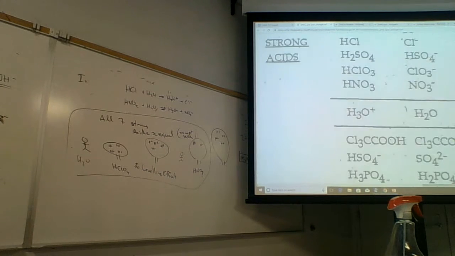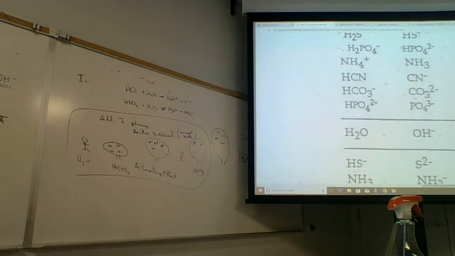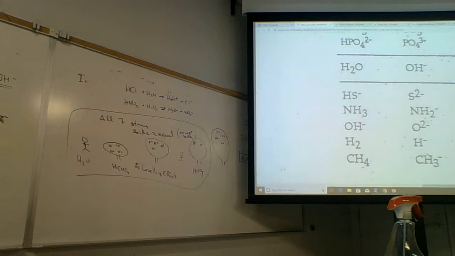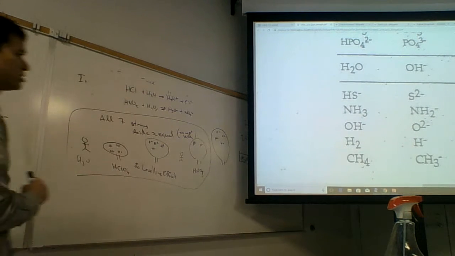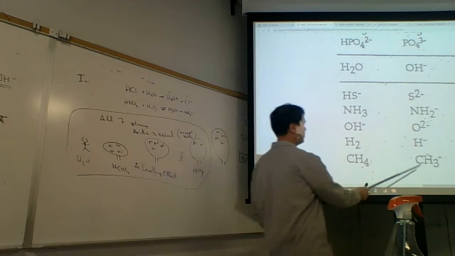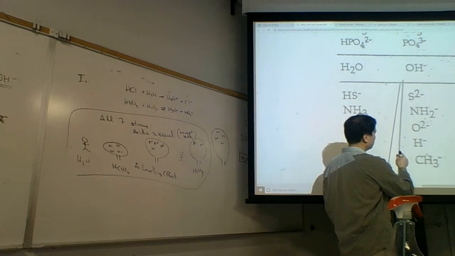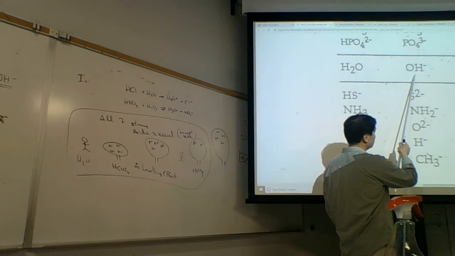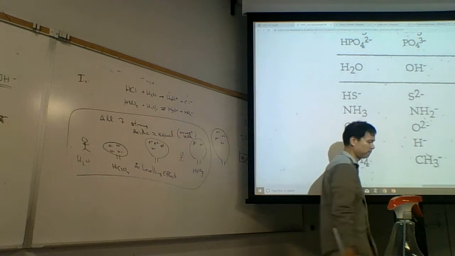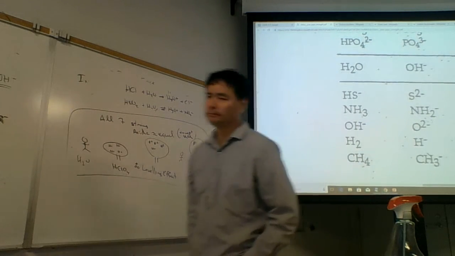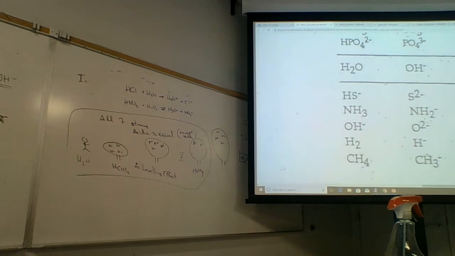The strongest base that can exist in water is hydroxide. All these strong bases pluck hydrogen off water to form hydroxide. Hydroxide is the strongest that can exist in water.